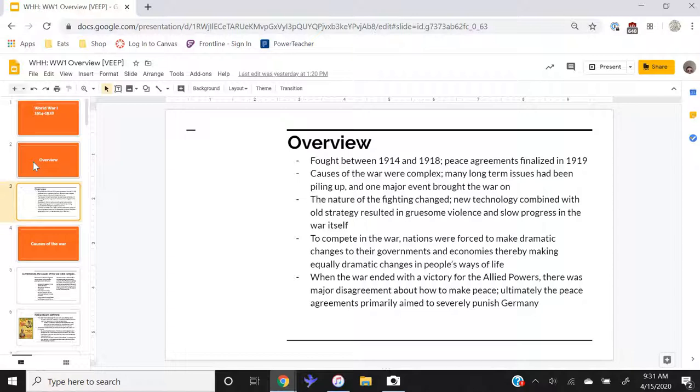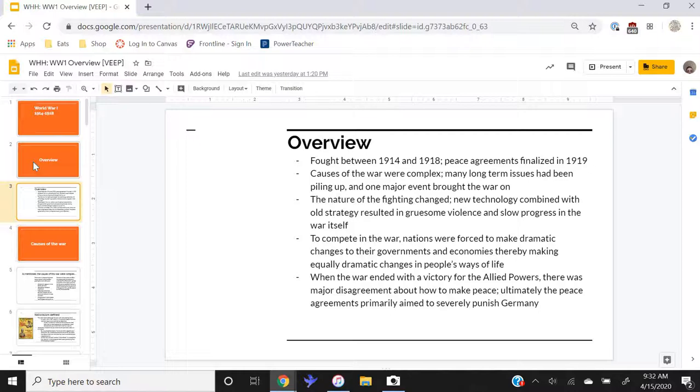To buy this new technology and to support a war that was using new technology, such as the ones I just mentioned, you needed a lot of money and a lot of support, and in order to do that, you really needed to employ your entire population towards supporting the war effort. That's one aspect of what was called total war: the government of your country using every single available resource, human resource and material resource, to support the war.